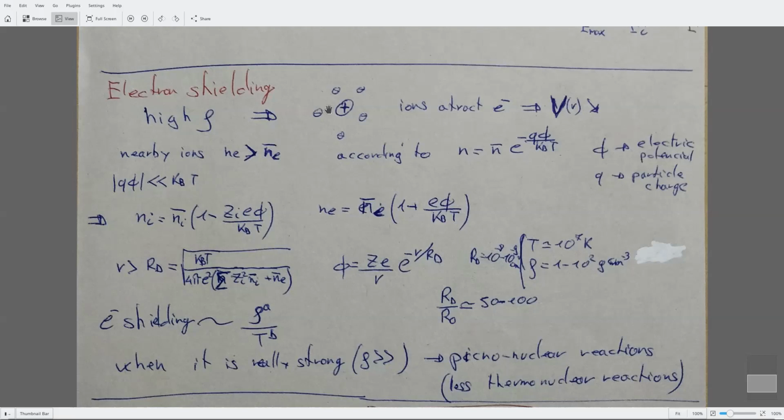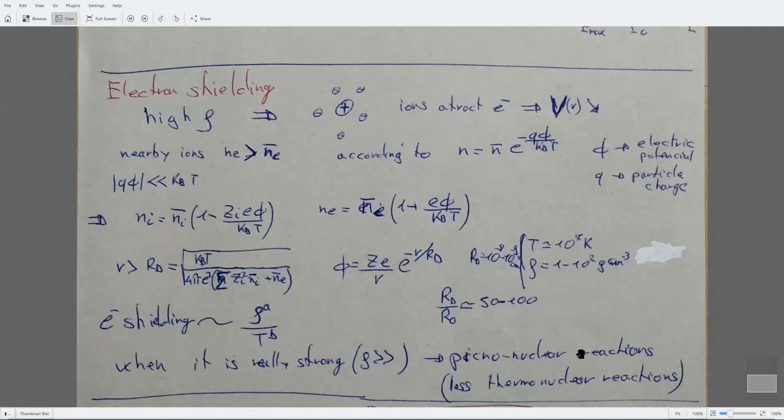At some point the density is so high that you start to have pycnonuclear reactions, no more thermonuclear reactions. Pycno means density. So these are nuclear reactions that depend on the density, not on the temperature of the gas.